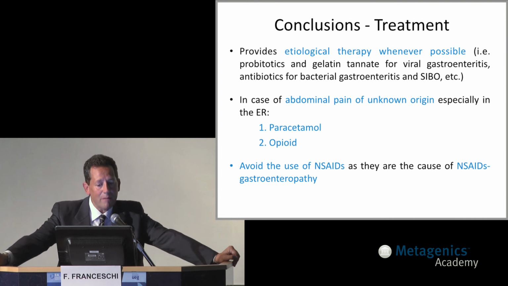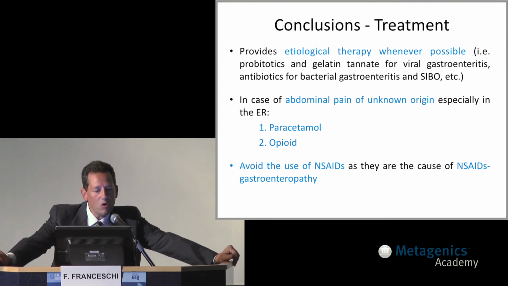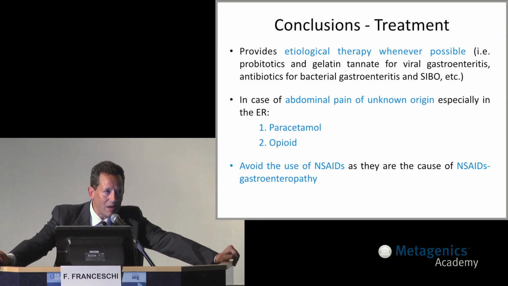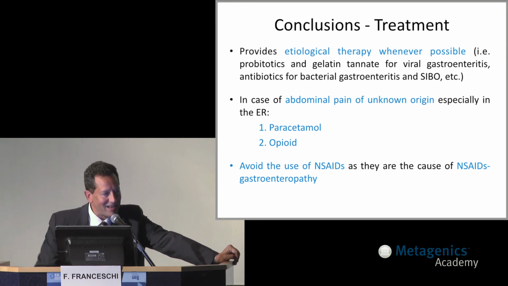But in case of abdominal pain of unknown origin, especially in the ER, or in patients in which the etiological therapy is not useful to cover pain, we have to consider analgesic therapy. In analgesic therapy, the first to consider is paracetamol, and the second, the opioids, while we should always avoid the use of NSAIDs as they are a cause of NSAID gastroenteropathy.